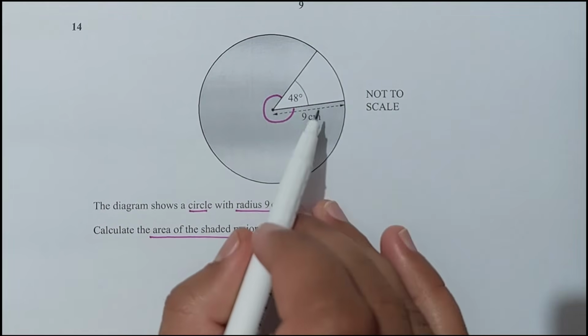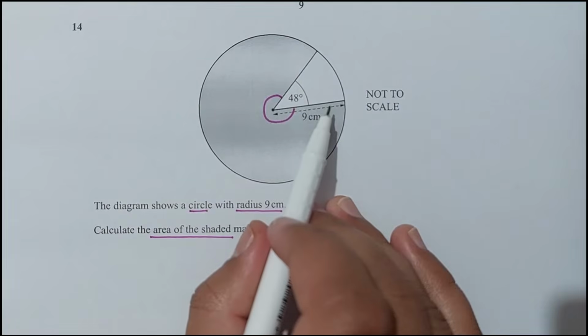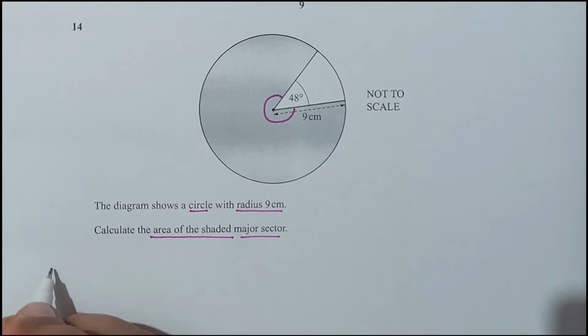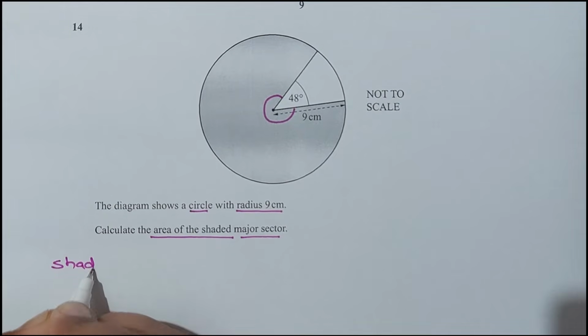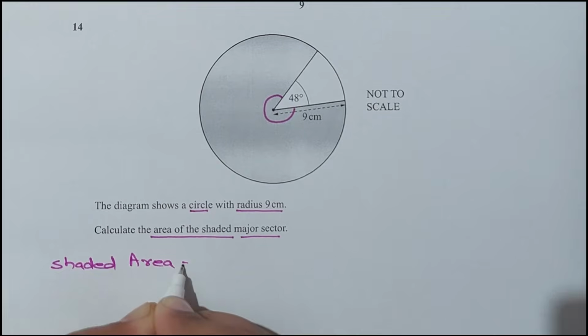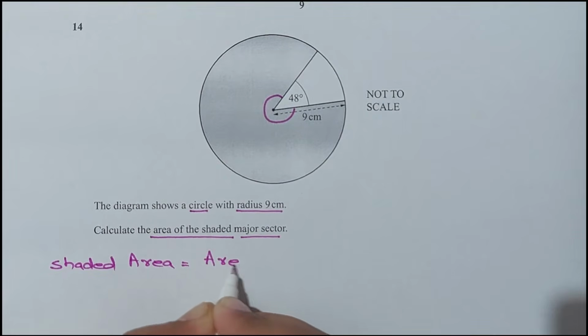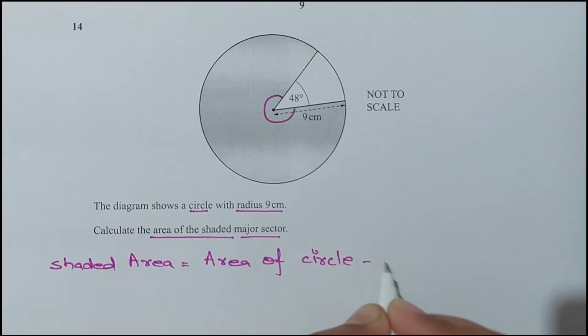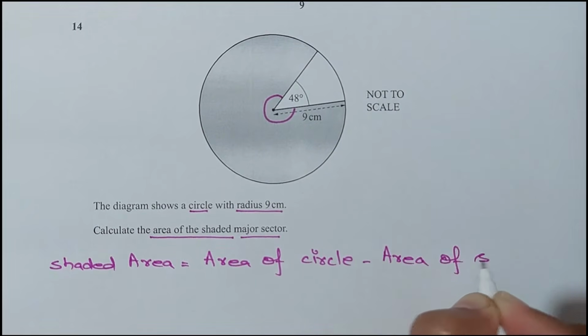The area of the shaded is the area of a circle minus the area of the unshaded one, right? So this shaded area is the area of the whole circle minus the area of the sector. There is a sector, right?